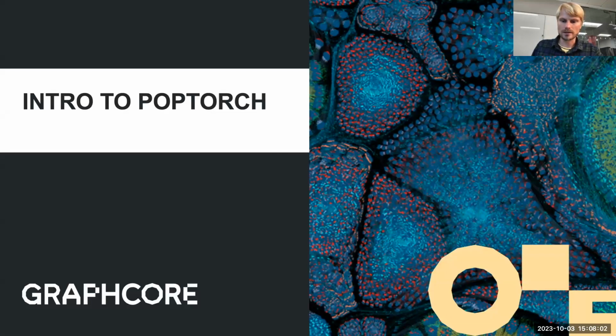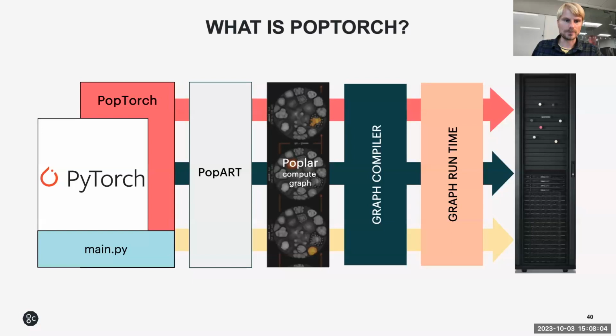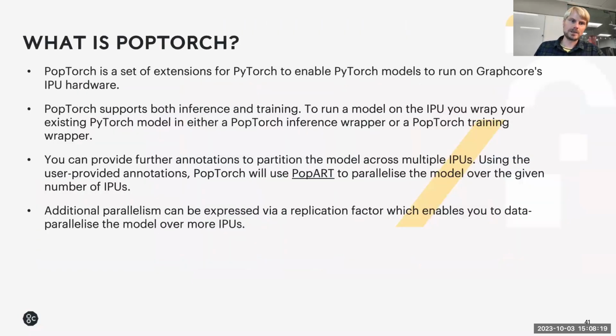With that, I wanted to say a few words about PyTorch and how PopTorch can be used to execute PyTorch scripts on the IPU. So PopTorch obviously stands for Poplar Torch. It is a set of extensions to enable PyTorch on the IPU, supporting both inference and training.